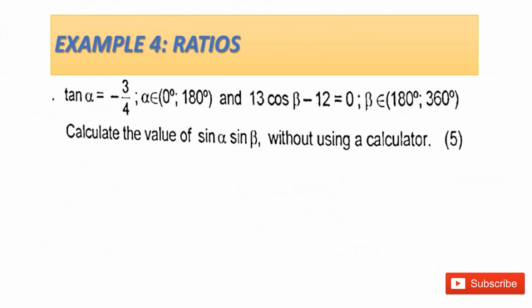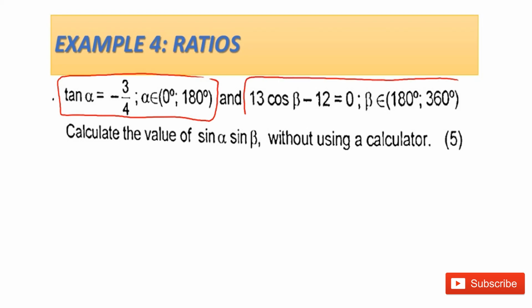If tan of alpha is equal to negative 3 over 4, and we are given that alpha is an element of 0 degrees to 180 degrees, right? And we're also told that 13 cos of beta minus 12 is equal to 0, and beta is an element of 180 to 360. Calculate the value of sine alpha, sine beta without using a calculator.